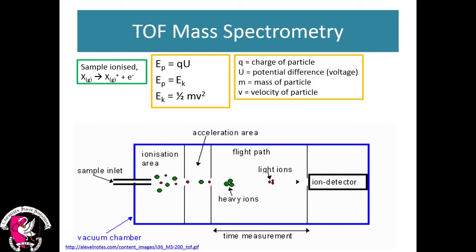So again, you don't need to memorize or know these, but what you can do if you want to see how this actually is proven that the time is based on the mass and the charge. You can rearrange this equation with velocity is equal to the distance divided by the time that it takes, and you can get an equation for time in terms of charge and mass in our mass spectrometer output.